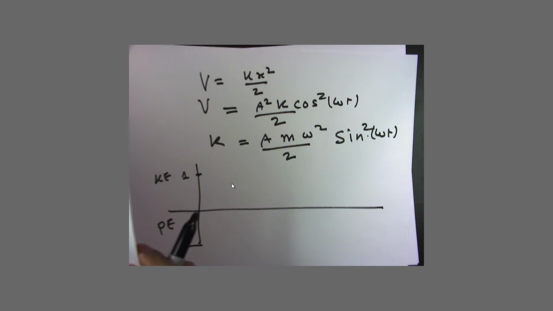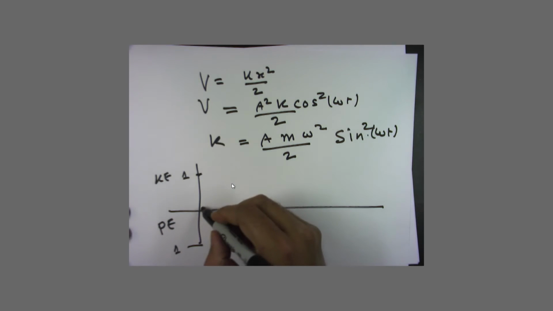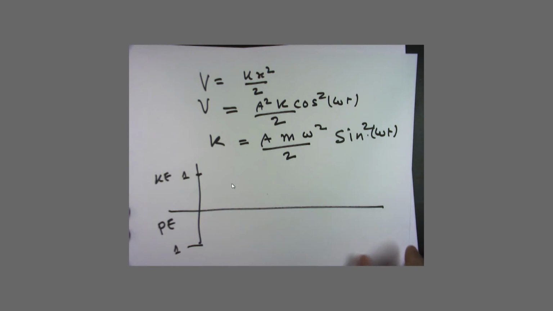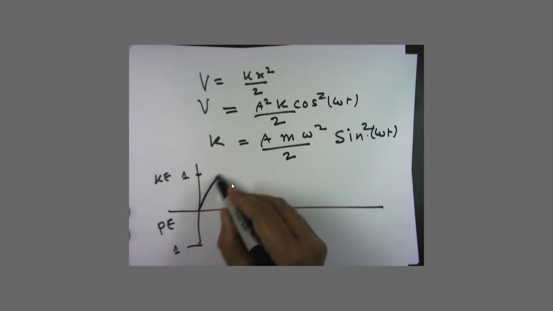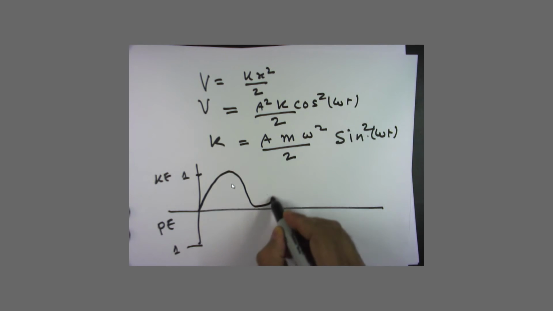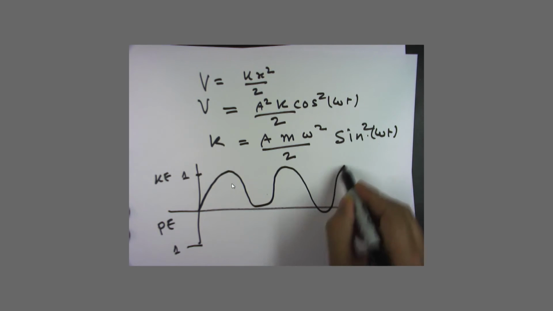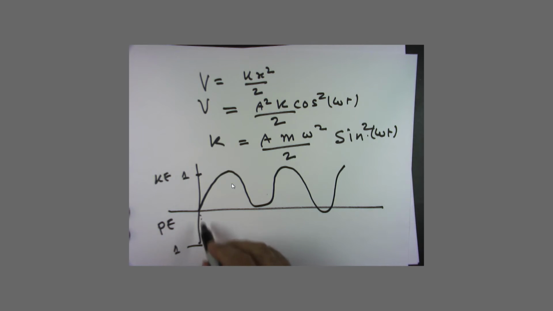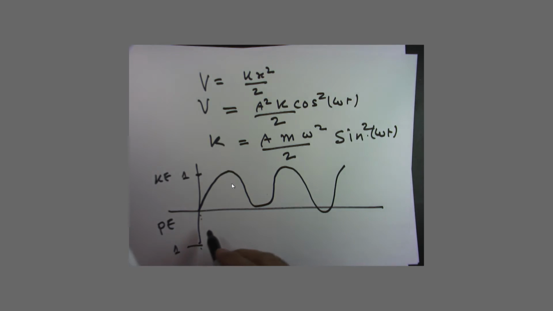If we just generally derive it, let us say we start with kinetic energy, which is sine square. Sine starts at 0 and goes like that. If you look at potential energy, then it starts opposite of that.